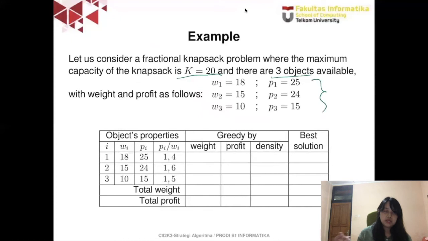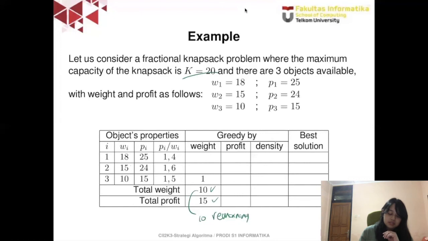Like before, we check each method. For weight, we choose the lightest item first, which is obviously 10. So we choose the third item first, so that we have a total weight of 10 and a total profit of 15. We have a maximum capacity of 20, so we have 10 remaining.